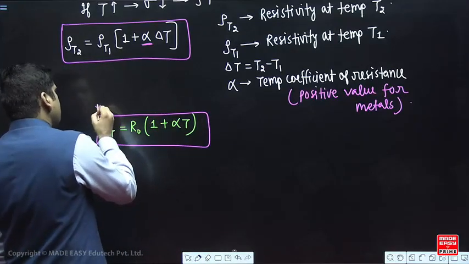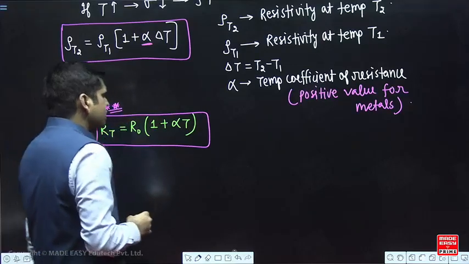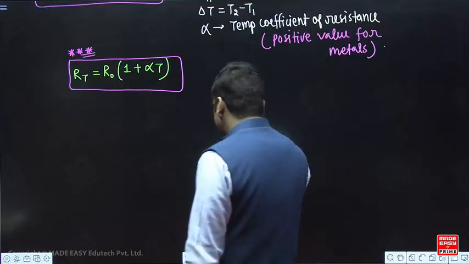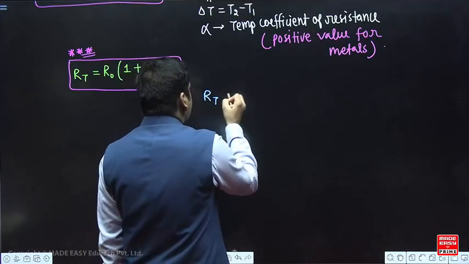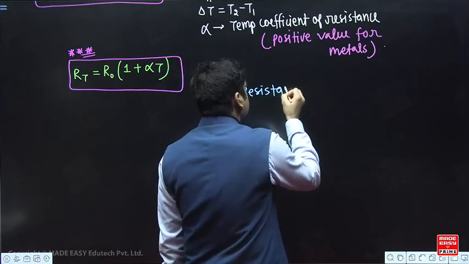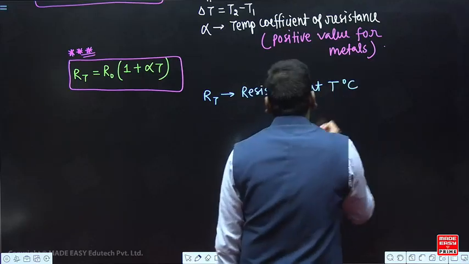This is basically an experimental result and it is valid on the centigrade scale. So you have to put the temperature in centigrade and you should know the meaning of the various parameters. RT is resistance at T degree centigrade.